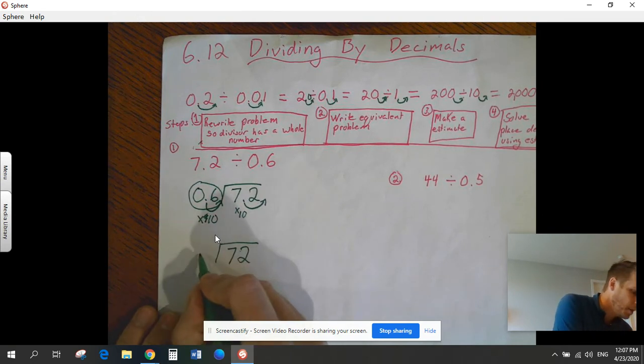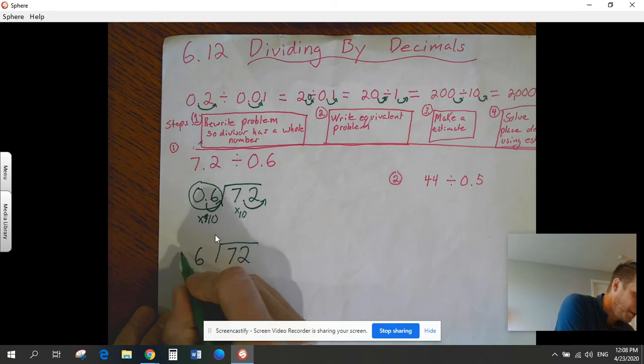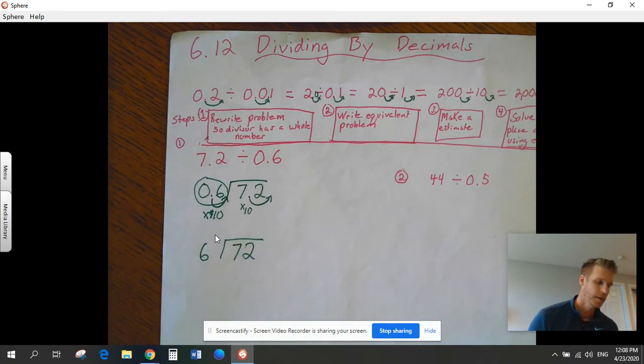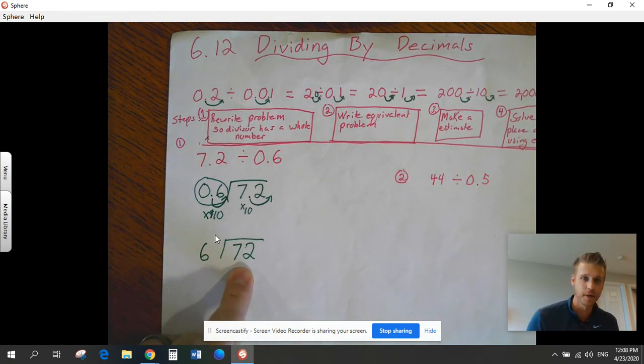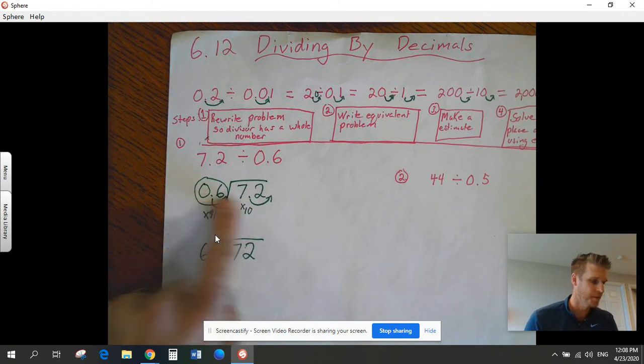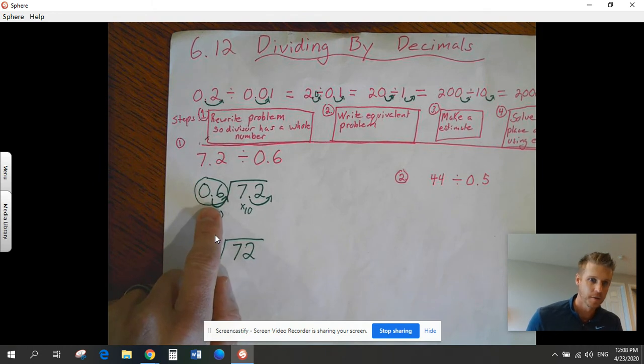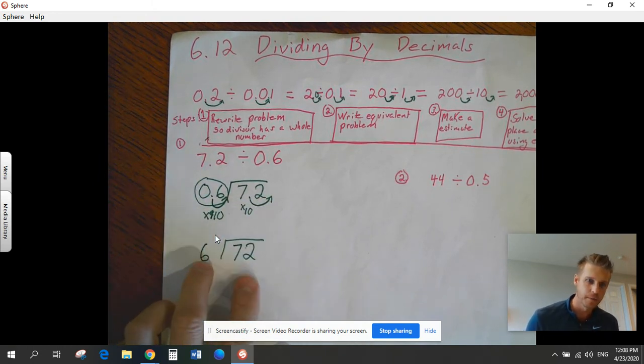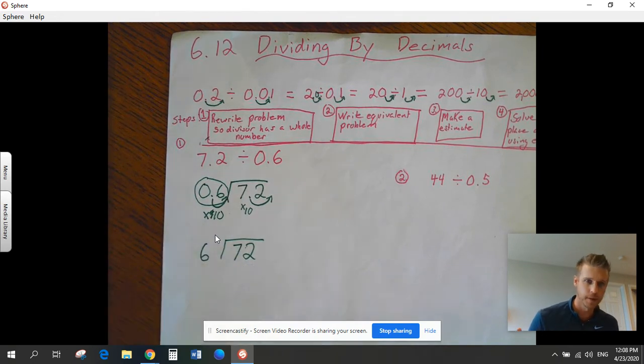And this one is no longer 0.6, it's 6. You don't need to put that 0 over there. That's kind of pointless. It makes it look funny, okay? Now it looks a lot easier. So when we get an answer for this, we aren't going to have to do anything. It's going to be the same answer that we would have had over here. All we did is we changed 7.2 divided by 0.6 and made an equivalent problem of 72 divided by 6. That's it.